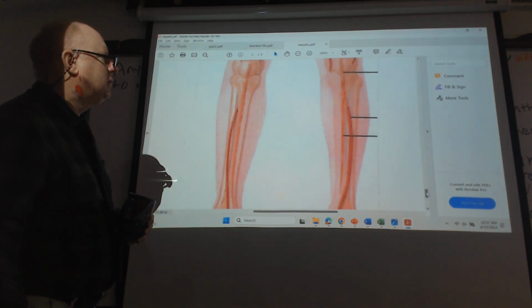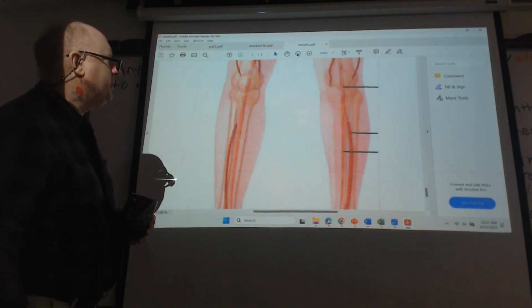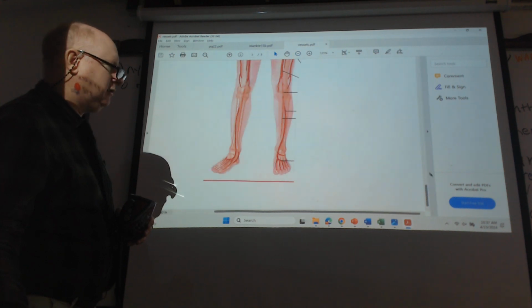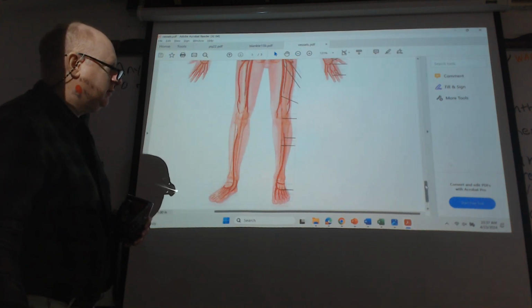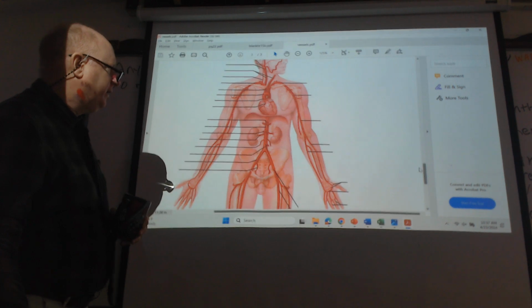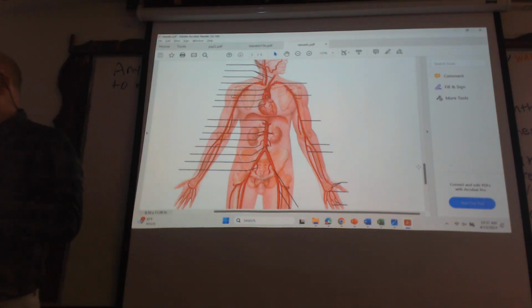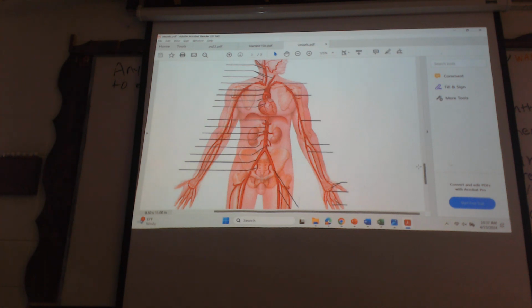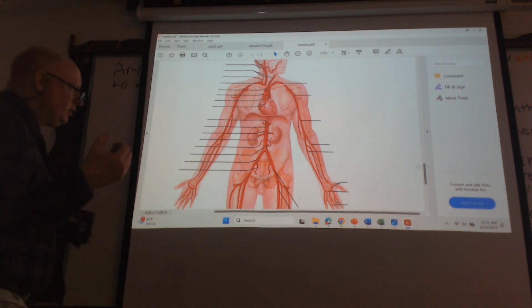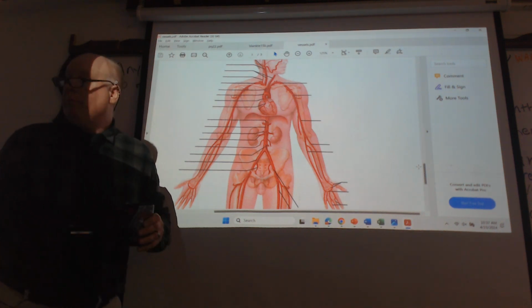So, we just spent a little bit of time on that, and a lot of this is just going to have to be based off of your own input. Whether you correlate it or memorize it, just like with muscles, just like with bones, it's just doing your best to correlate what the name of the artery is, where it's at, and where it possibly branches.